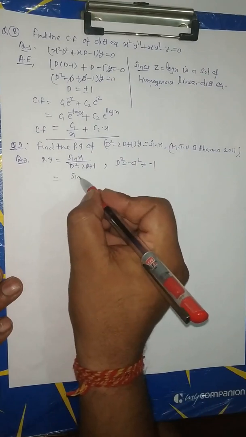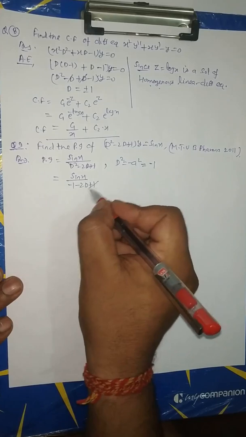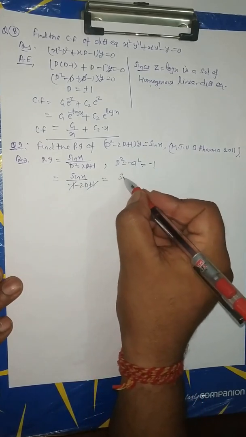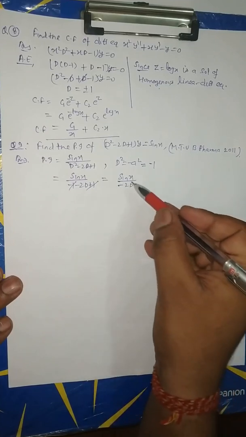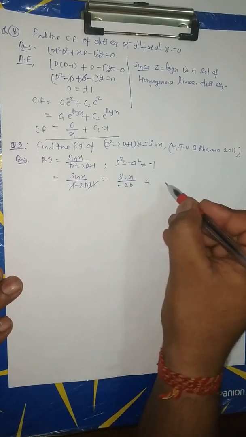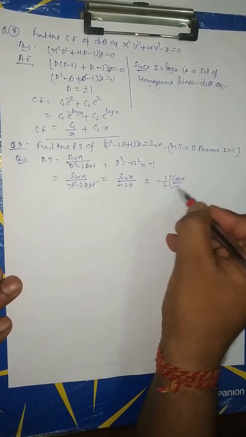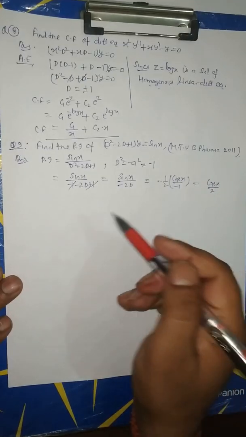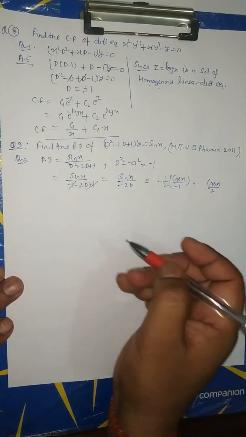Now we get sin x upon minus 1 minus 2D plus 1. This cancels with this. This is equal to sin x upon minus 2D. Now D integrates sin x: minus 1 upon 2 cos x upon minus 1. This is equal to cos x upon 2, which is the PI of the given equation.